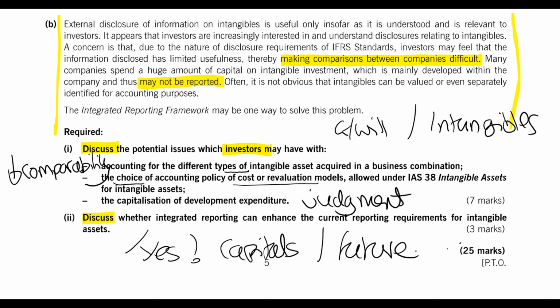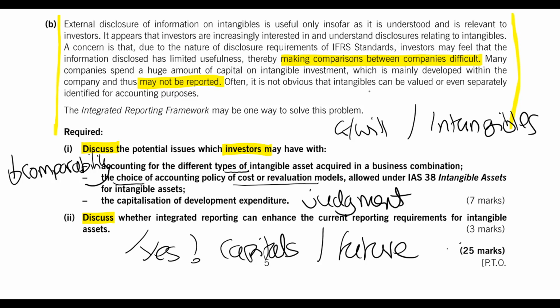It's a very current question. You've got businesses like Uber, Airbnb, Just Eat, who spend a massive amount on developing their brands, on developing their systems, and they are very, very valuable companies, but the money they spent on their brands and their systems are not necessarily reflected in their balance sheets as assets.